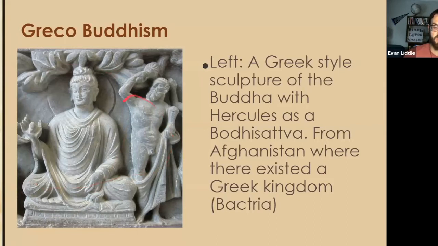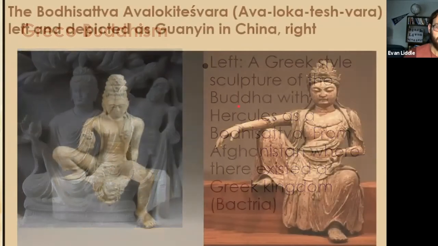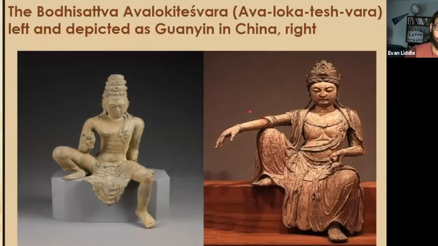And also just the inclusion of Hercules indicates that this is a combining of Greek mythology and Buddhism into a form that Greeks would have recognized. So this is just one example of syncretism.